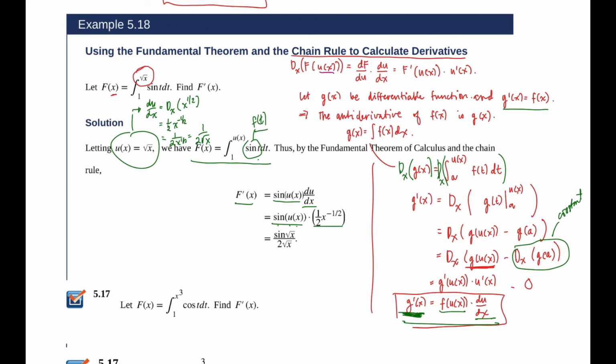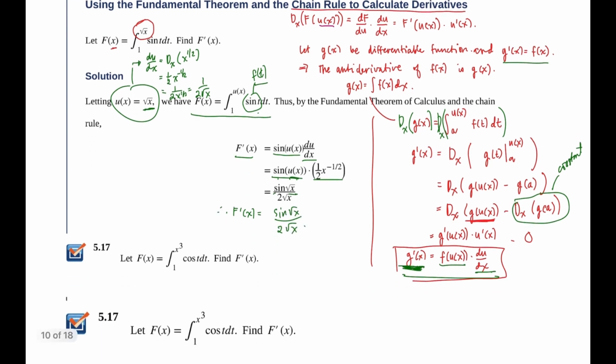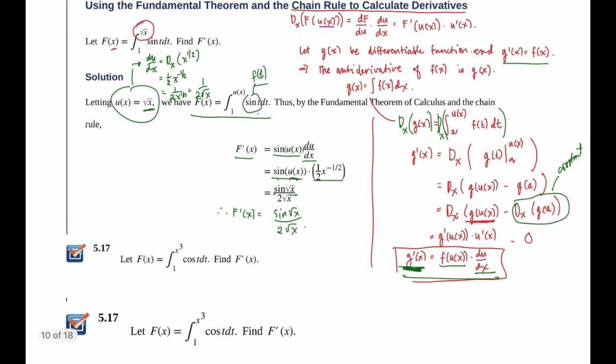So sine of u of x, you replace u of x with its defined form, the square root of x. So sine of the square root of x over 2 times the square root of x. Therefore, F prime of x is sine square root of x over 2 square root of x. Okay?